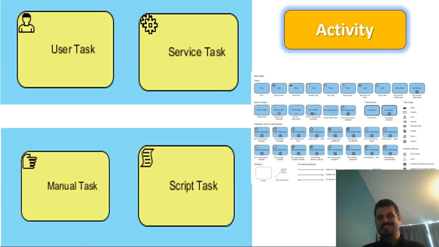The next is activity. Activity is for displaying our duties. Actually, we will become familiar with four types of activity here. User task is when we are doing something in our software, in our solution, on our PC, on our laptop.